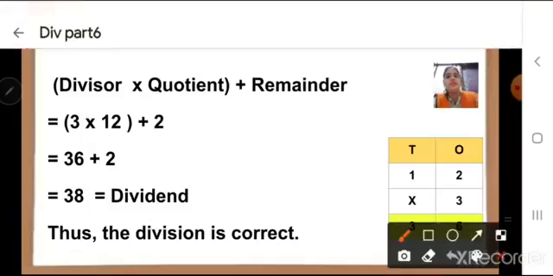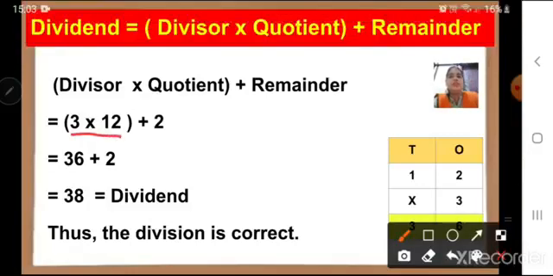First we are going to multiply 3 into 12. Now when we multiply 3 into 12 or 12 into 3, we will get 36. 36 plus 2. Okay. 3 into 12 is equal to 36 plus 2. 36 plus 2 is 37, 38.